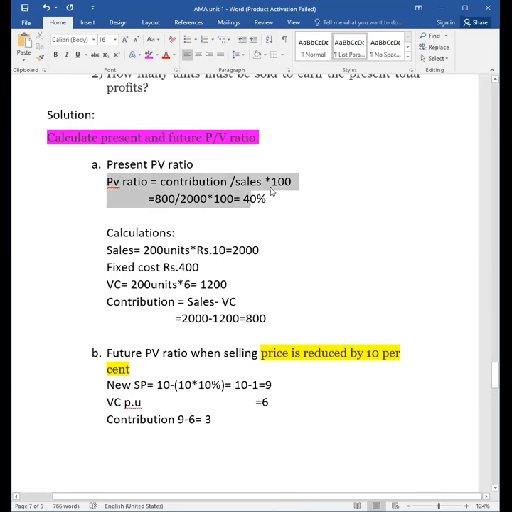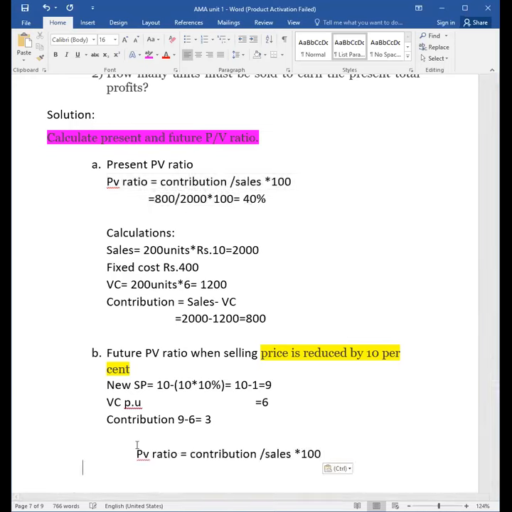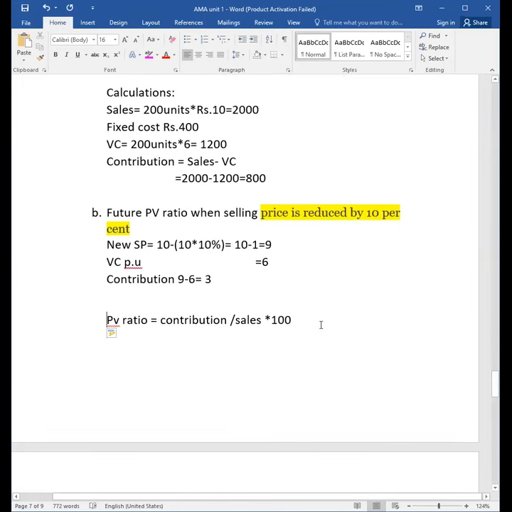PV ratio is equal to, when the selling price is decreasing, it would be the same condition even if it is increasing. So the new PV ratio is contribution, 3, divided by sales, 9, into 100.